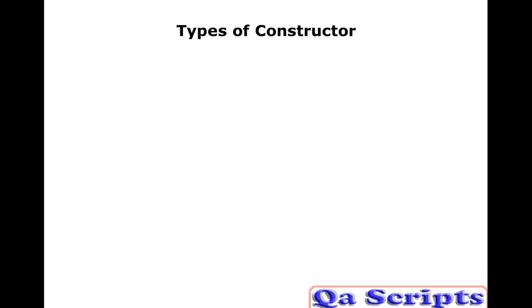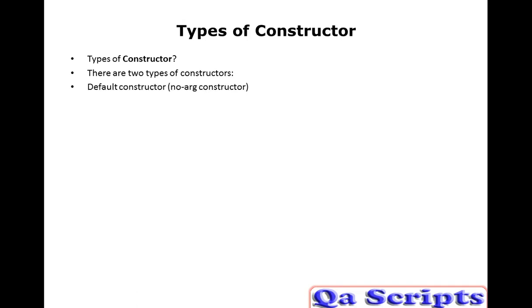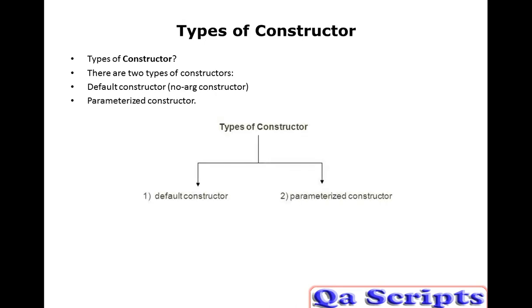Types of constructor. How many types of constructors do we have in Java? There are two types of constructors in Java. One is the default constructor or no arguments constructor. Another one is the parameterized constructor. Here is a simple graph which shows the different types of constructors.